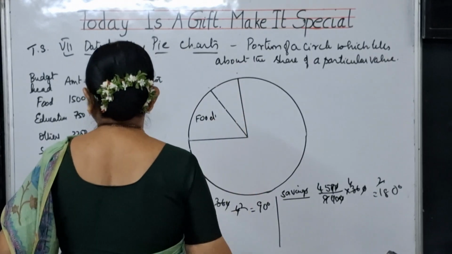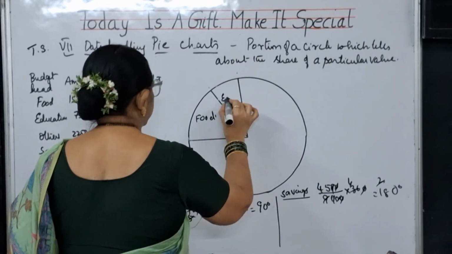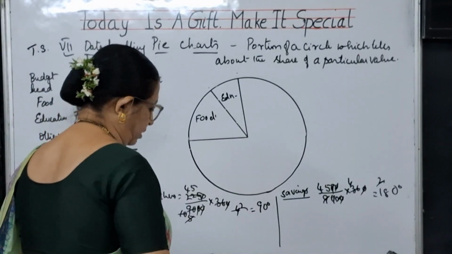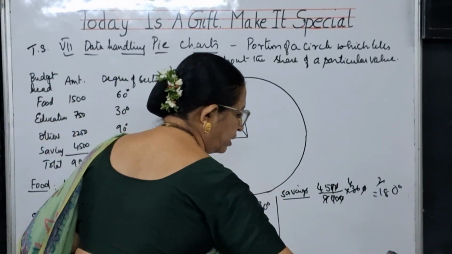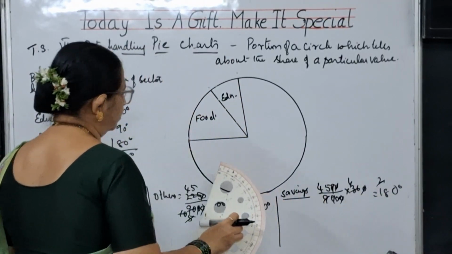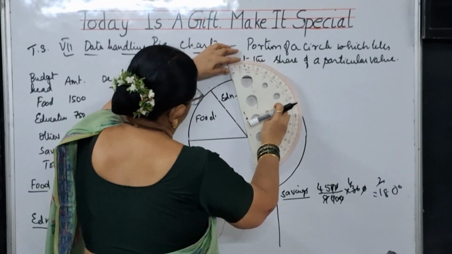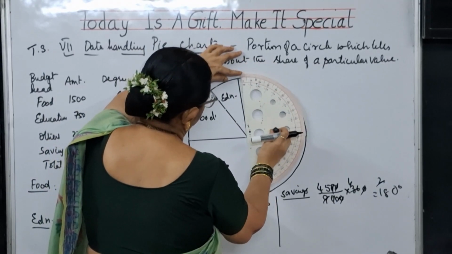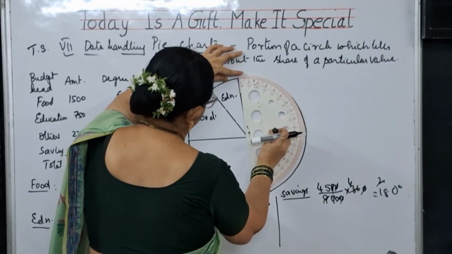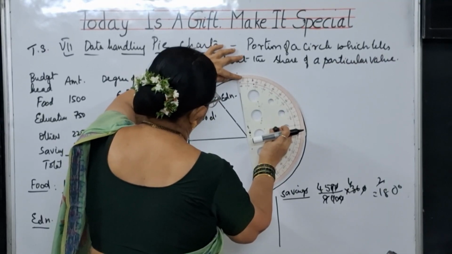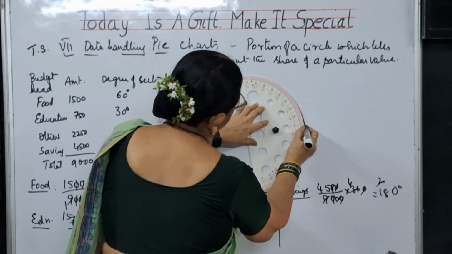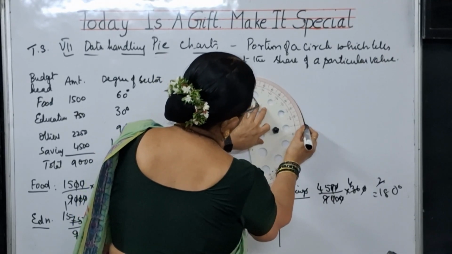So this is, what is it? Education. Then 90 degrees. So when you are drawing 90 degrees, what you have to do? Here, for the new one, you have to keep it 90 degrees for this line, 90 degrees here.